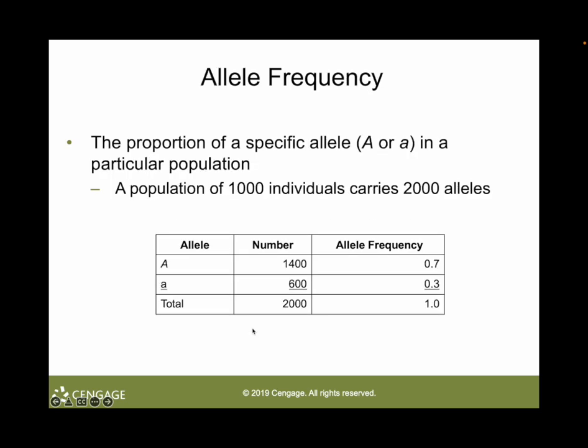Now to allele frequencies. An allele frequency is the proportion of a specific allele in a particular population. Counting this up is a little different. Back to the example, there would be 2, 4, 6, 8 alleles in total. There are 3 recessive alleles, so 3 out of 8. That's some math to do in my brain.